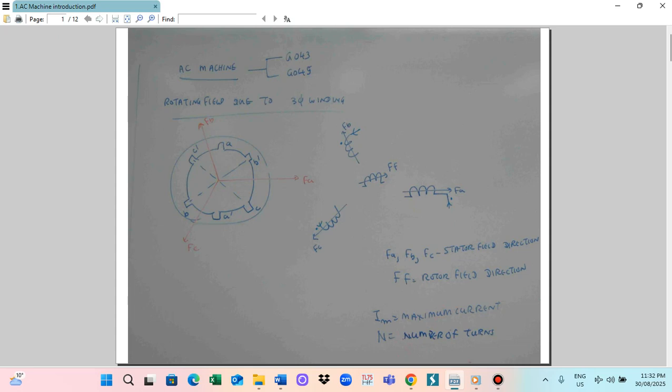So in the three-phase winding field, we can draw this diagram. So that will be the stator winding. This is for the FA, and this one will be the FB, and this is the FC.